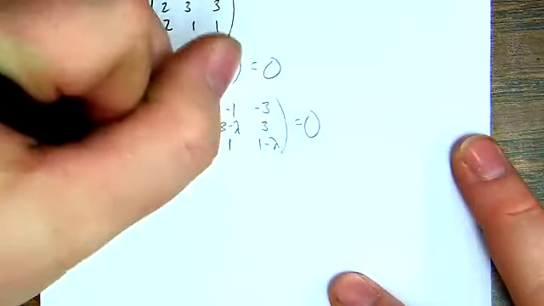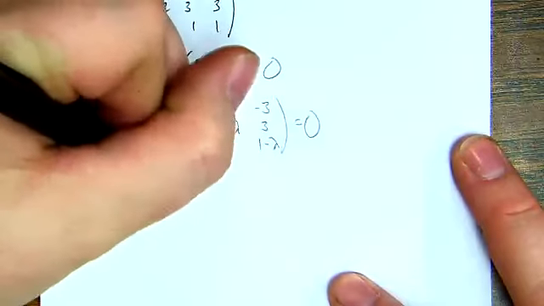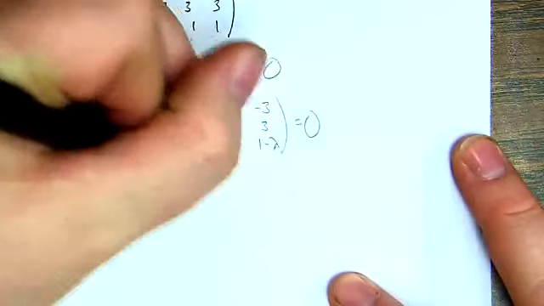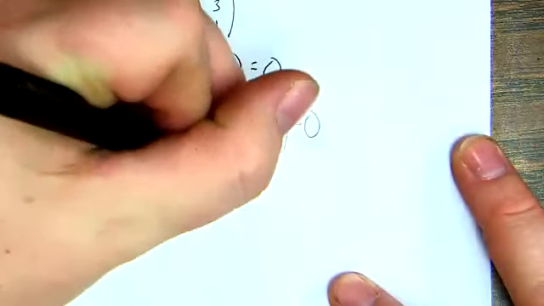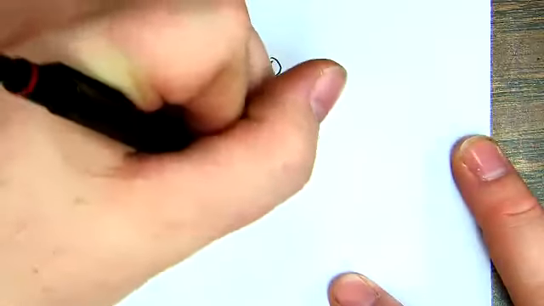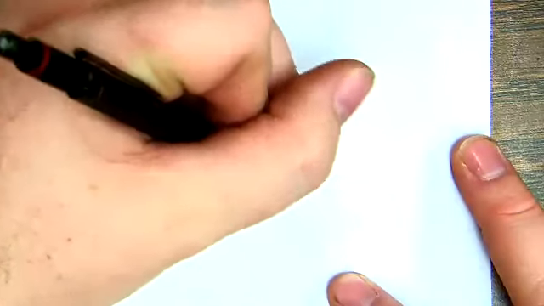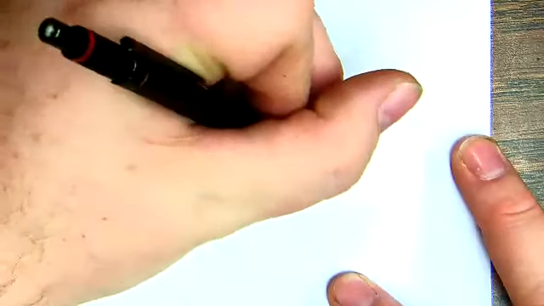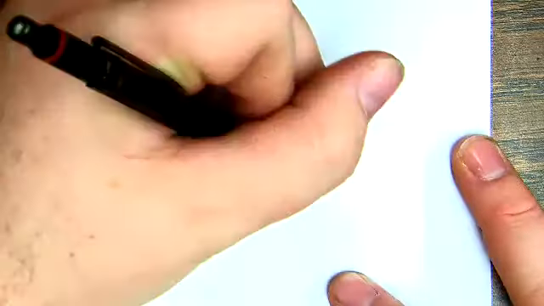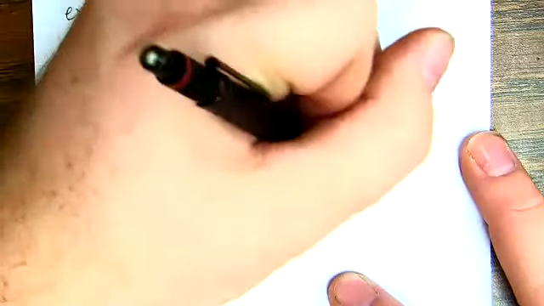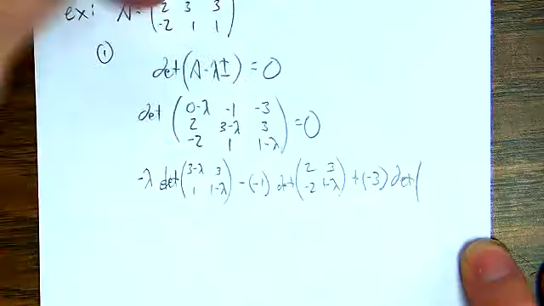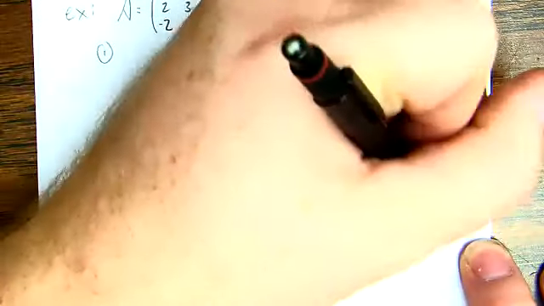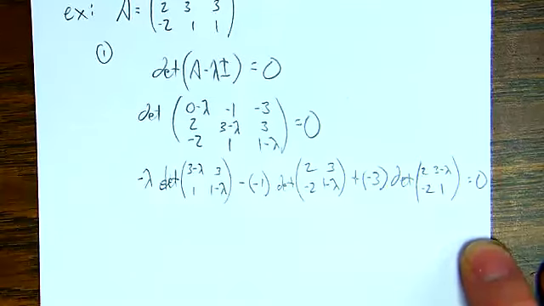We have negative lambda times the determinant of 3 minus lambda, 3, 1, 1 minus lambda, minus -1 times the determinant of its minor, 2, 3, -2, 1 minus lambda, plus -3 times the determinant of its minor, 2, 3 minus lambda, -2, 1, and I'm going to set that whole thing equal to 0.